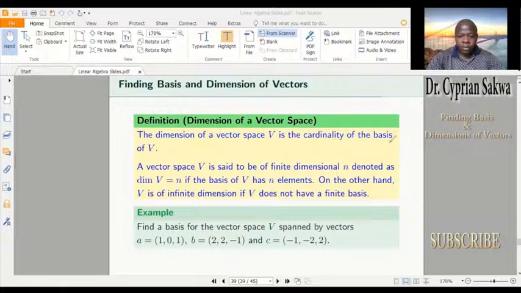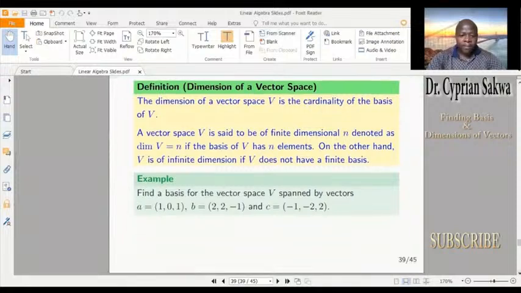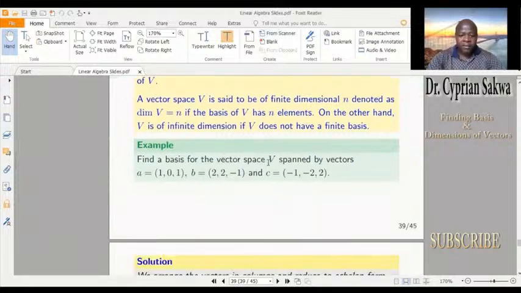So let's look at examples on how to determine the basis of a vector space. The first example here is: find the basis for the vector space V that is spanned by vectors A, B, and C. There are two ways that we proceed to find the basis of a vector space.